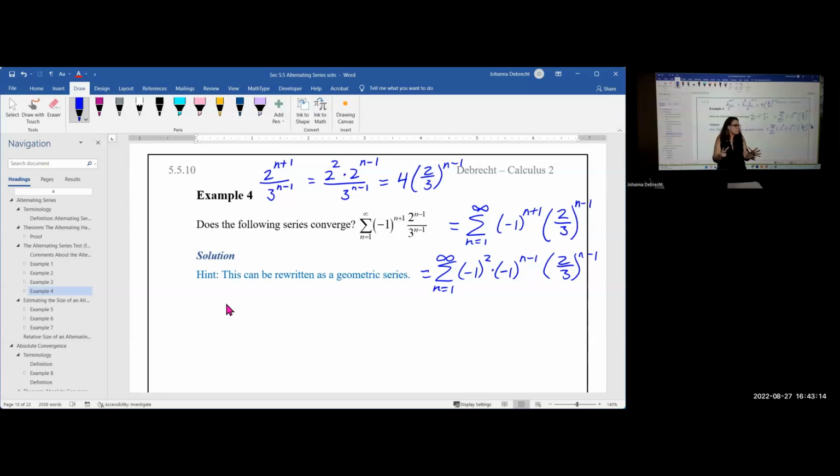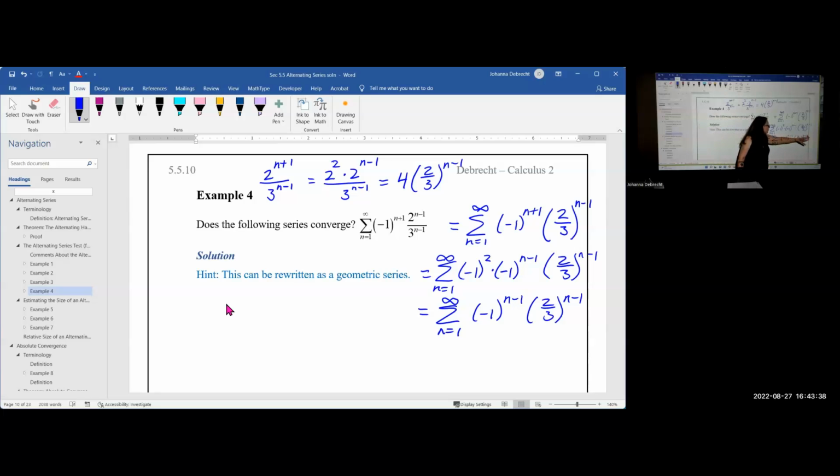But what is (-1) squared? It doesn't have the index in the power anymore. It's a constant. I know what (-1) squared is. That's 1. And now I can rewrite this as the sum from 1 to infinity of (-1) to the n minus 1 times (2/3) to the n minus 1. But notice that these powers match.